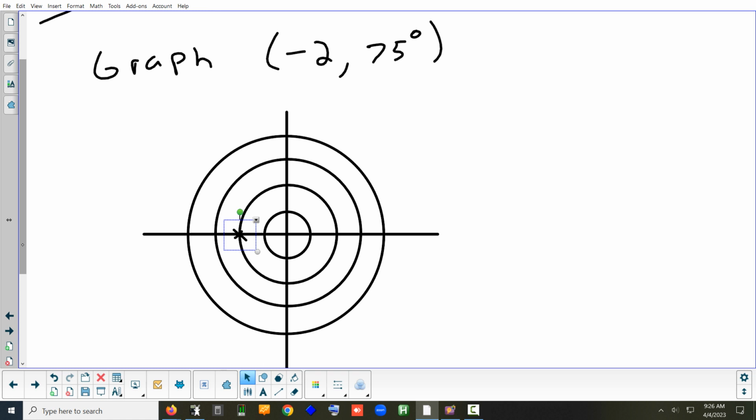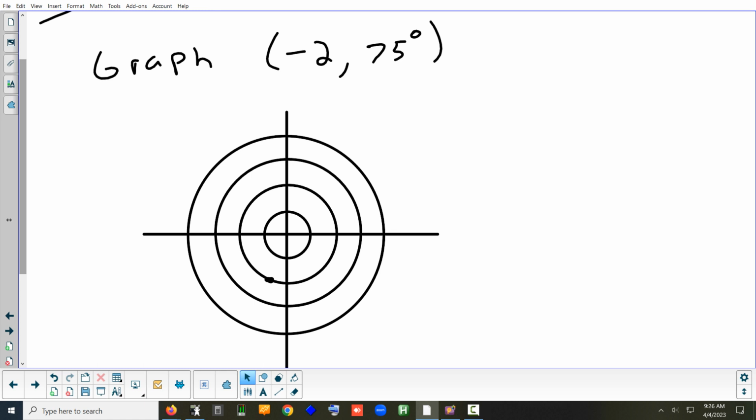And which way are we going to go, clockwise or counterclockwise? Counterclockwise. 75 degrees puts you most of the way through the quadrant. So it's basically, just estimating, about right there, 75 degrees. So left 2, and then rotate 75 degrees counterclockwise.